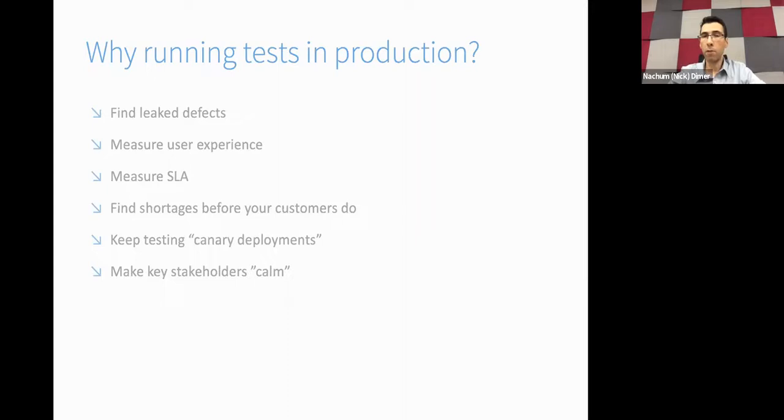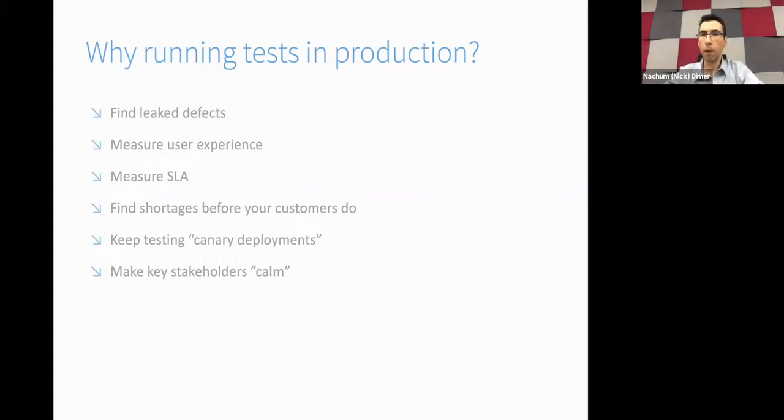As I already mentioned, it is very important to find defects before our customers do. We can always wait for our customer support calls, but the best is always to identify issues before. And if we keep running our tests in production, we can definitely do it much before our users find the same defects.